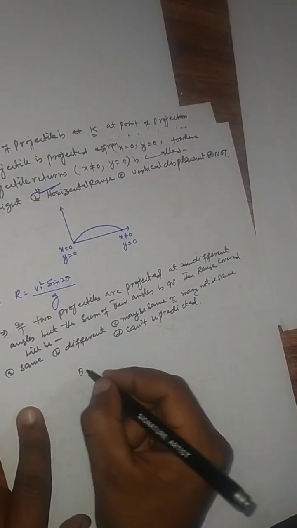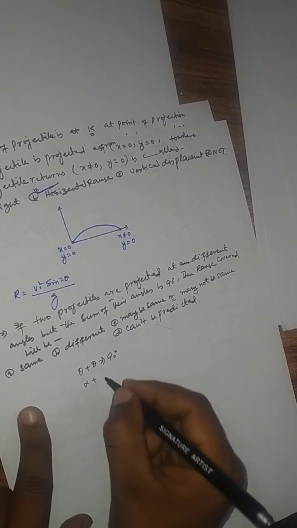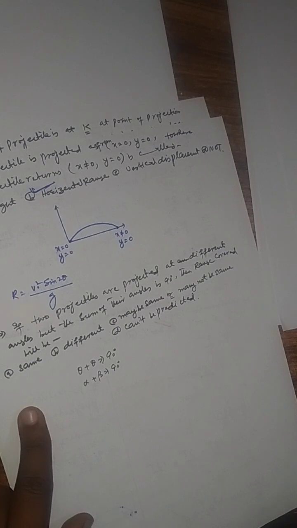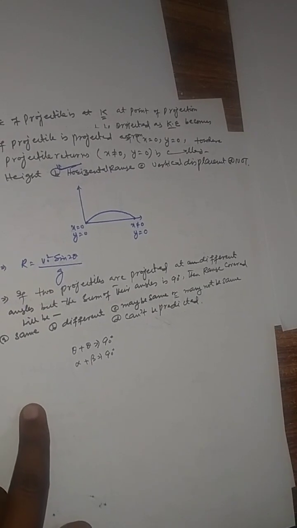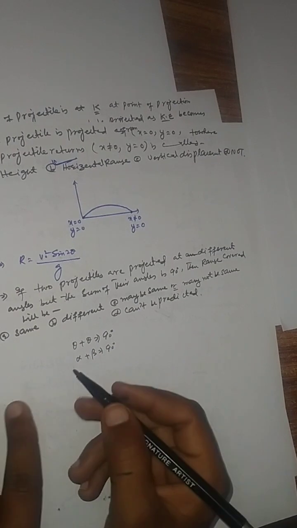We have given the data theta plus theta is equal to 90, means alpha plus beta is equal to 90. So whenever the sum of angles is equal to 90, then range is equal. Let's say how?